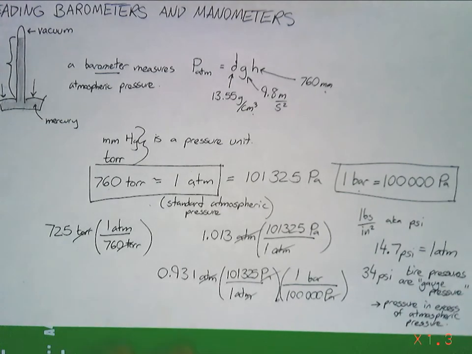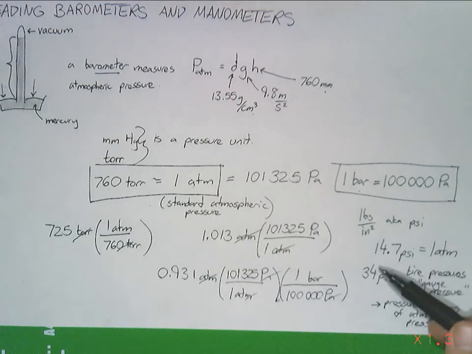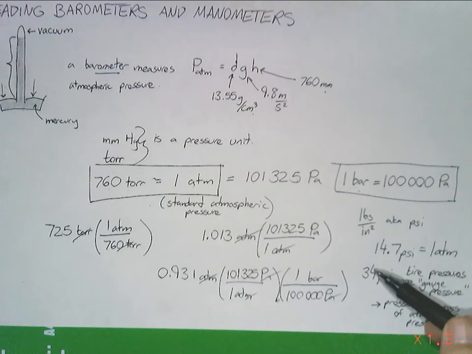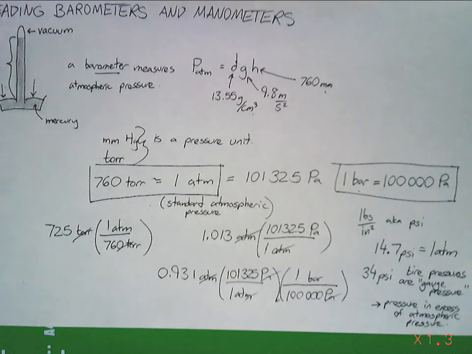So when I fill in my tires to, say, 34 psi, actually I'm filling them up to 34 psi plus normal atmospheric pressure. Might be something like 15. So I would have to add normal atmospheric pressure to the gauge pressure in order to figure out what the true pressure in the tires was. So the tire gauge only reads the pressure in excess of atmospheric pressure.